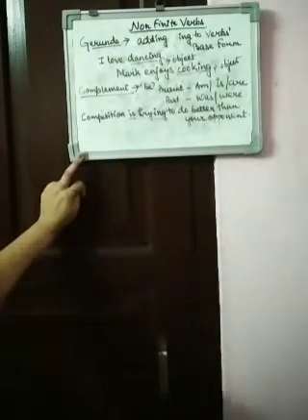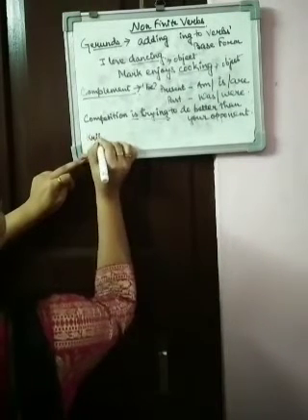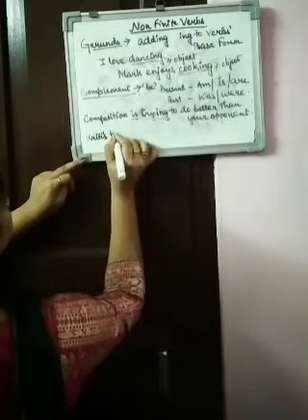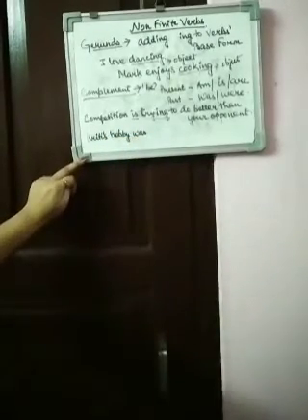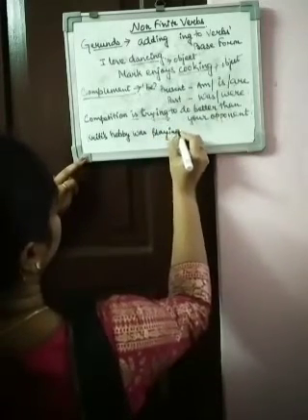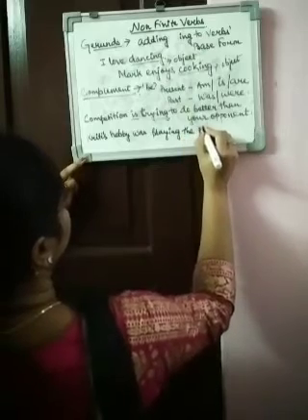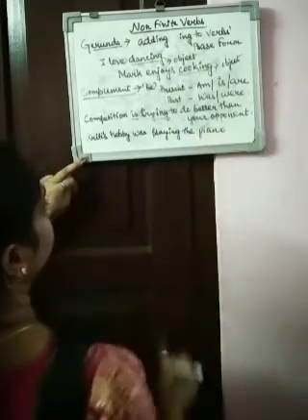Let's see one example in past tense. For example, Kriti's hobby was playing the piano.